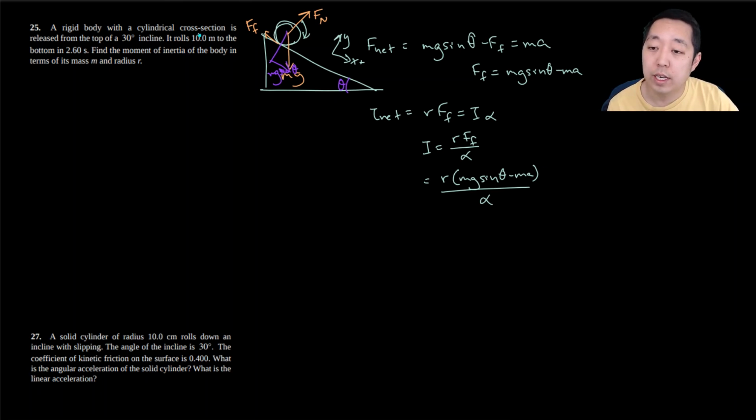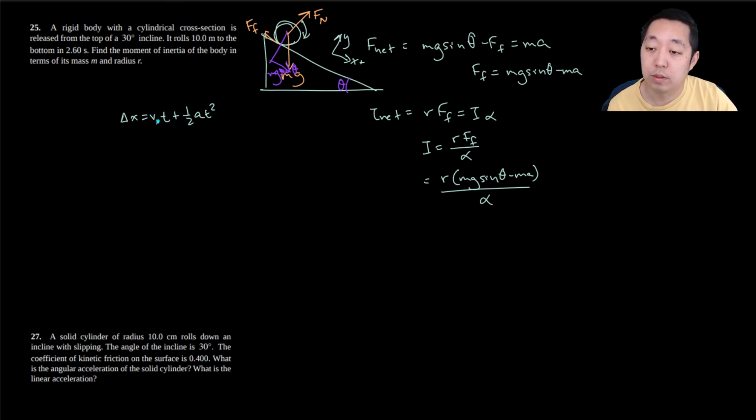So we need to look at the information that they give us, because they gave us the angle theta. So it's 10 meters to the bottom in 2.6 seconds. That means I can figure out what its linear acceleration is by kinematics, right? And they've given us time, so delta x, because they gave us time, I'm going to use this equation. And I want to solve for the acceleration.